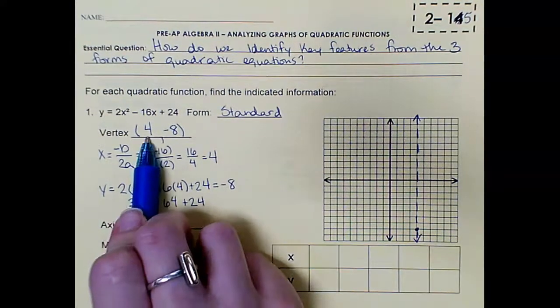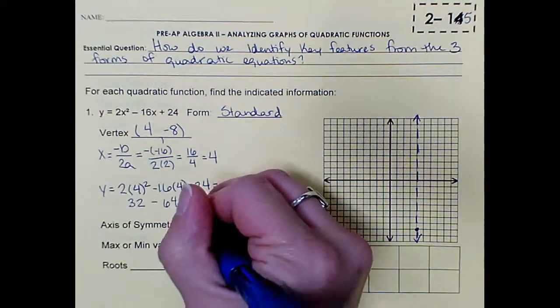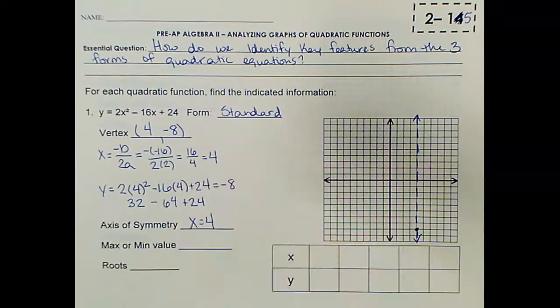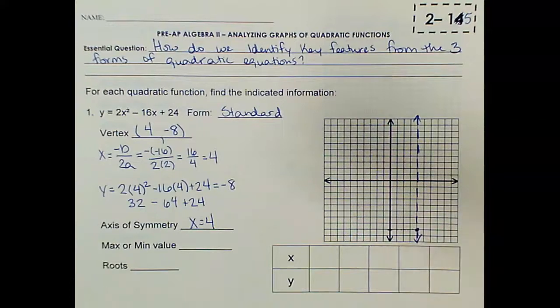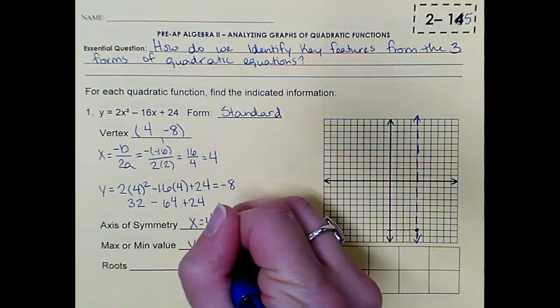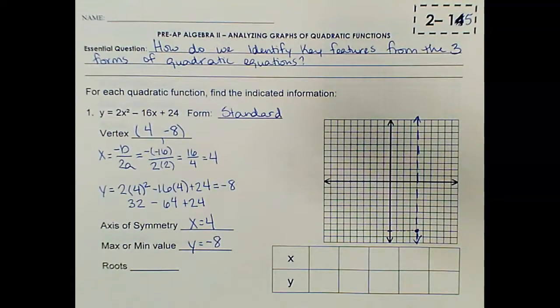So that 4 is what my axis of symmetry goes through, x equals 4. The maximum or minimum value is from the vertex as well. So if I go all the way over, what's that y value? Well, that y value is negative 8. So y equals negative 8 is my maximum or minimum value.